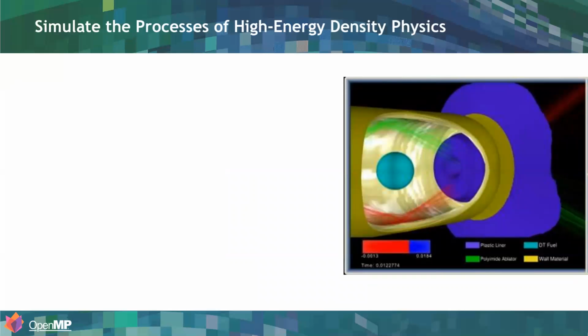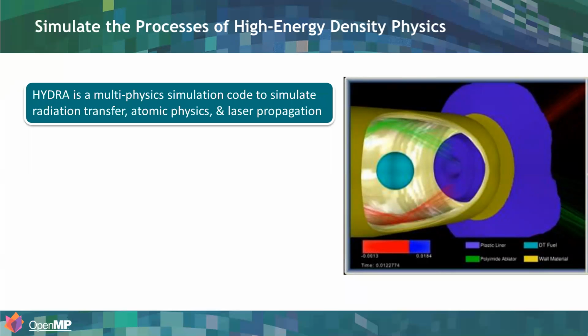So let me finish with the physics use case. This is the simulation of processes of high energy density physics. On the right-hand side, you have an image where laser propagation is simulated.